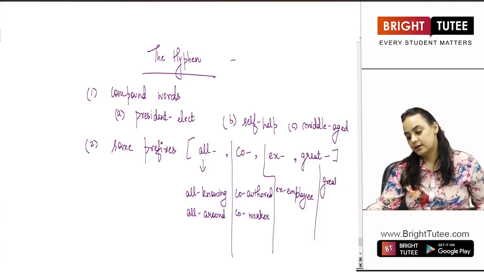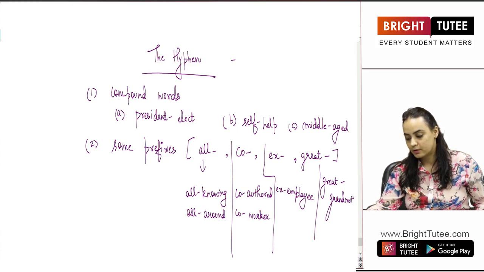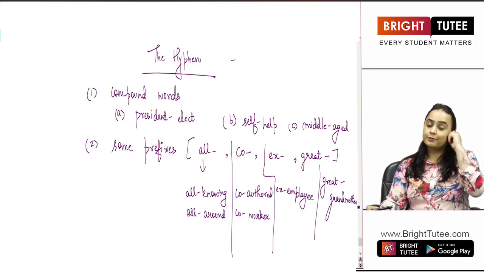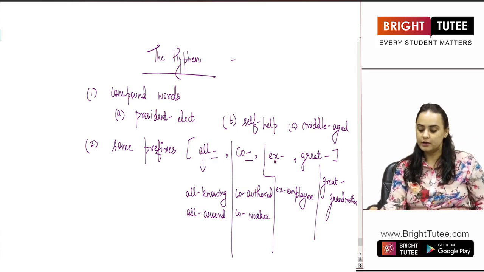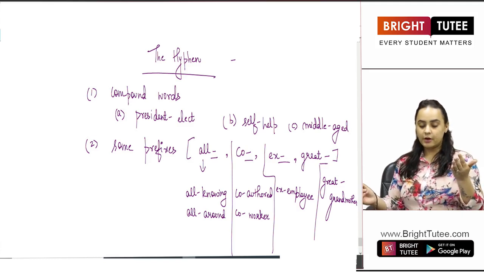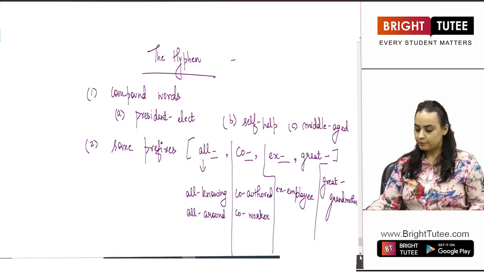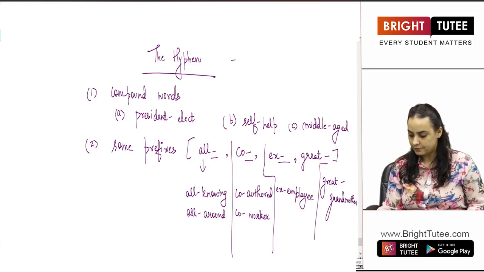Great-grandfather, great-grandmother. So these are a few prefixes after which we will put a hyphen and the word will come. So we have compound words, then there are a few prefixes for which we use our hyphen.